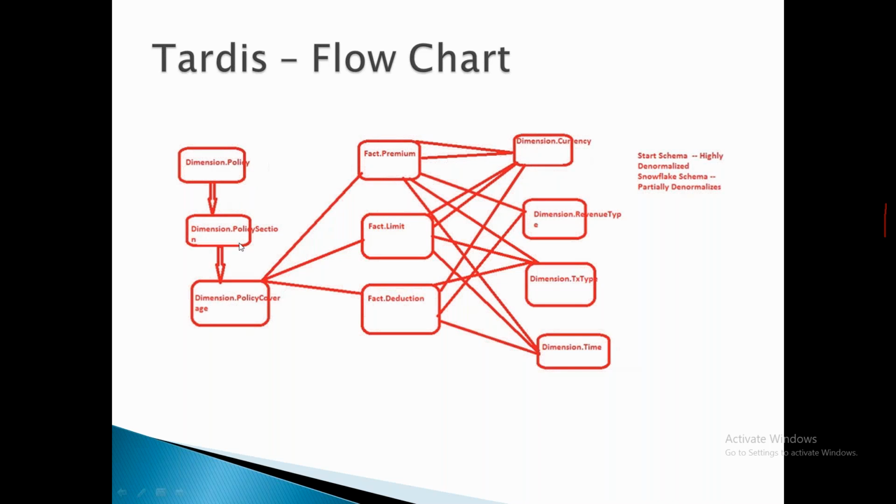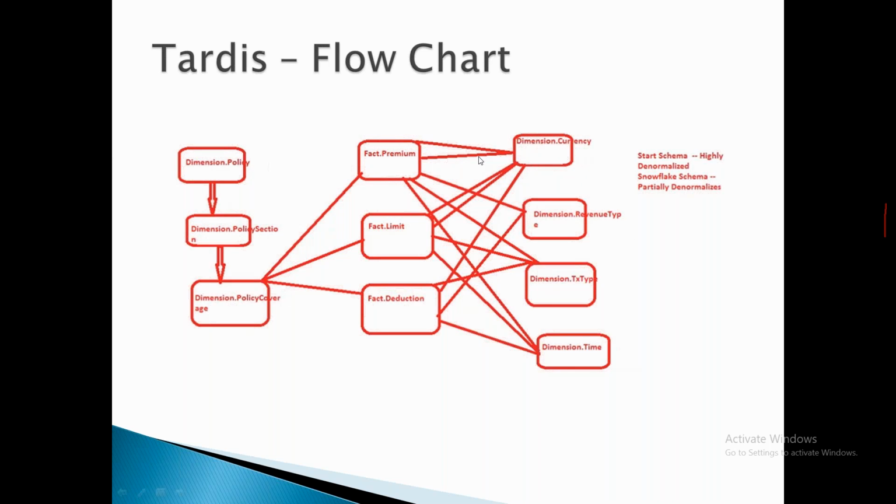Clear? And whenever you load the data, you should know how the data warehouse is architected. So now if I see the architecture, it is completely a snowflake schema, because one dimension table is linked to one more dimension table. And you have not only one fact table, you have multiple fact tables with a snowflake schema. Clear? So this is the one.